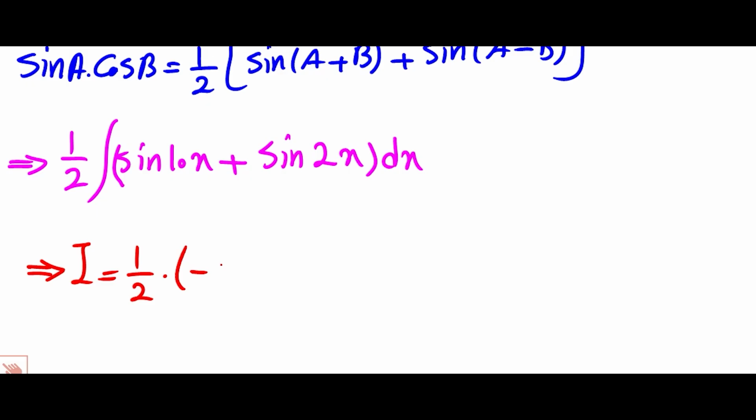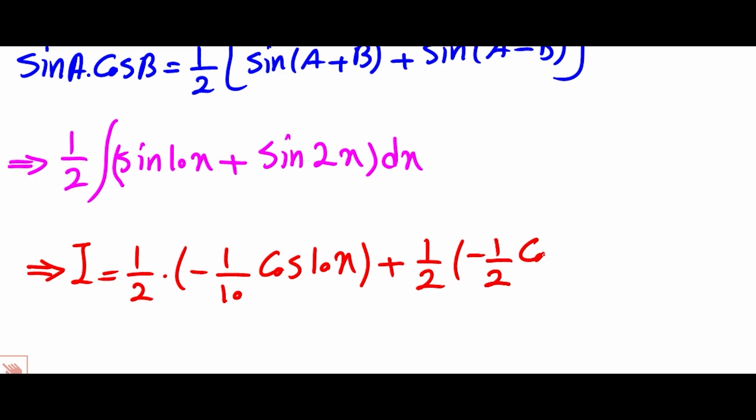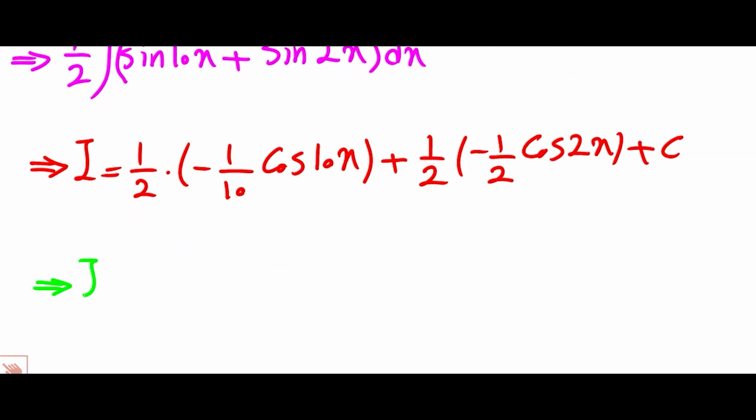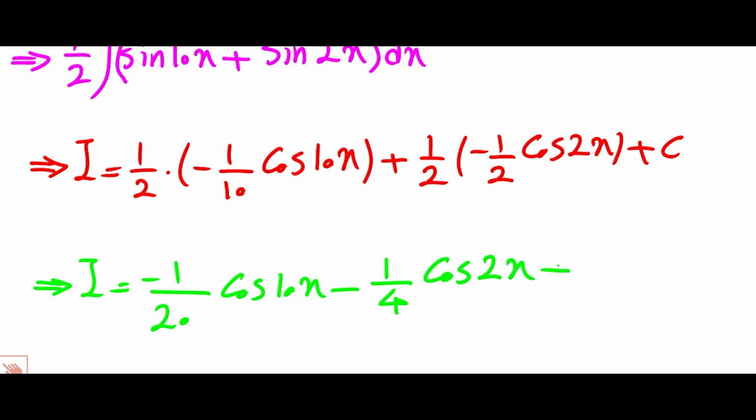So negative 1 over 10 cosine of 10x plus 1/2 times negative 1/2 cosine of 2x plus c, right? So I equals negative 1 over 20 cosine of 10x plus negative 1 over 4 cosine of 2x plus c.